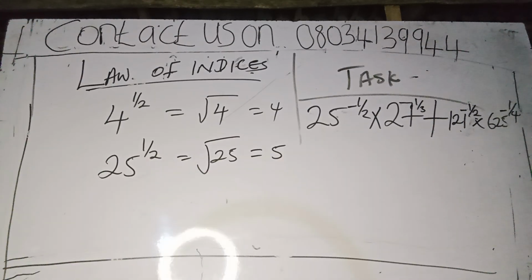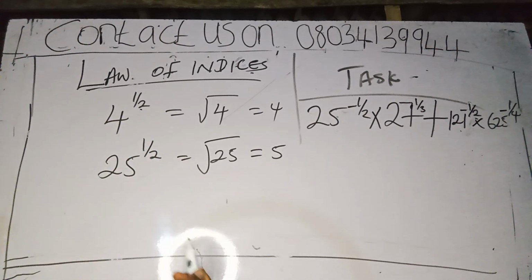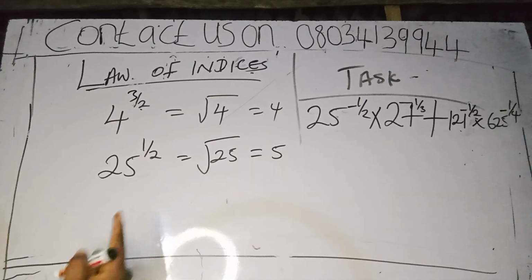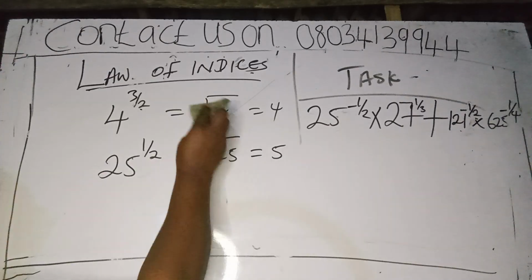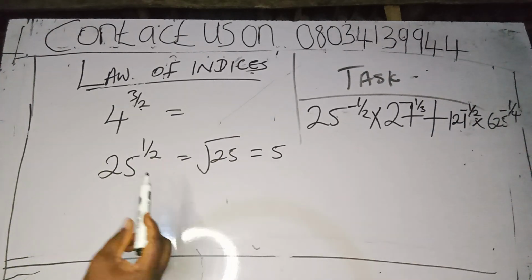Then we go to the last but not the least, the fraction law. It is very similar to root law, but it is no longer 1 over 2. It's still a fraction. Like I will now be having 3 over 2 instead of 1 over 2. This is a fraction. Law of indices demands that in such a case, there are 3 points that should be noted.